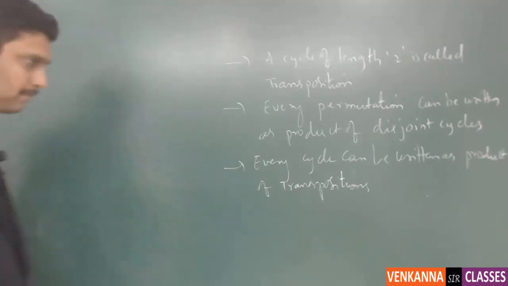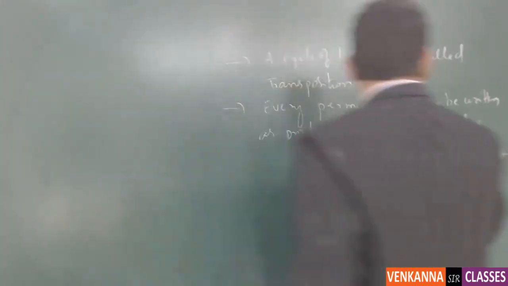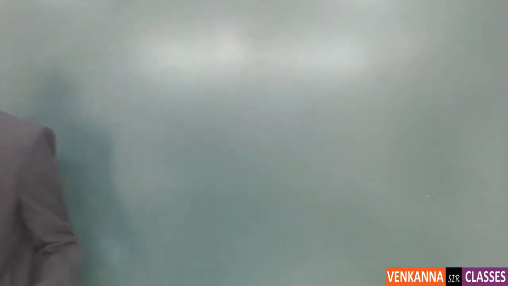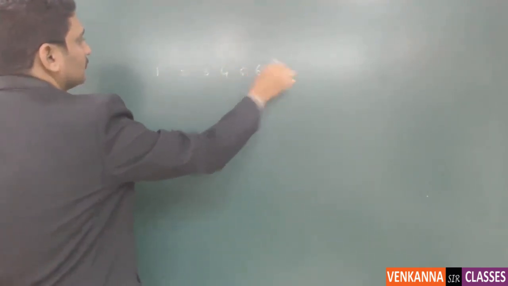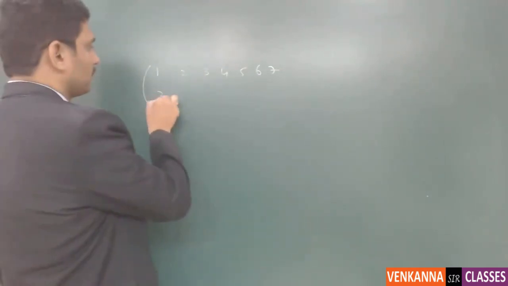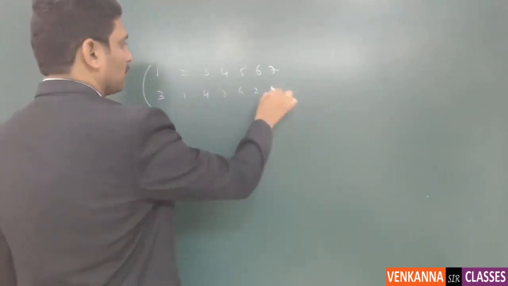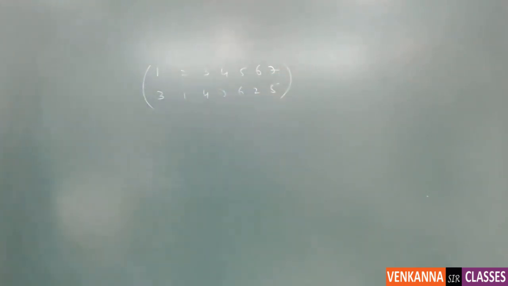Now, let us take the problem which gives an idea that this is my permutation f.